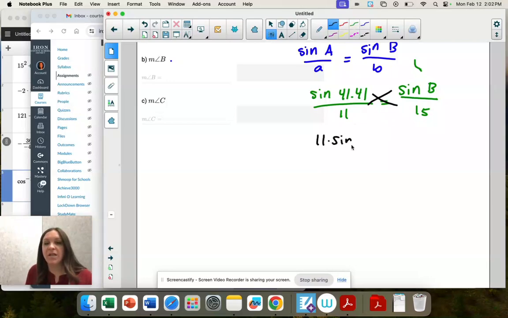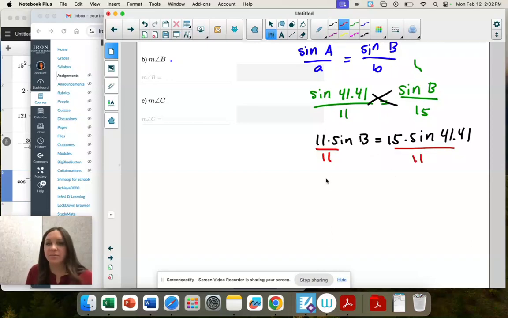Okay, let's do it. Cross multiply. 11 times sine of B equals 15 times sine of 41.41. Divide both sides by 11. So sine of B equals 15 times sine of 41.41, all divided by 11.